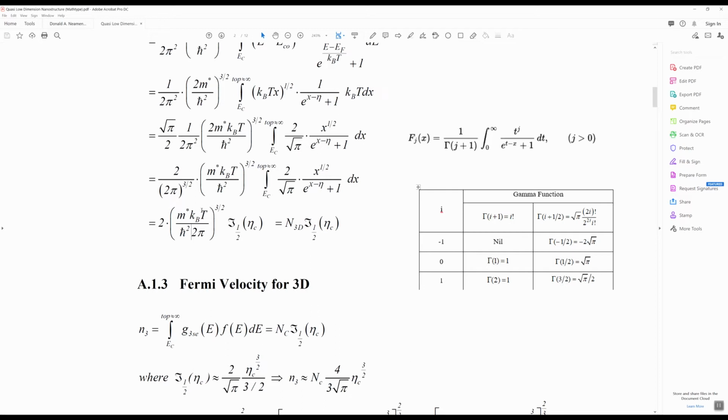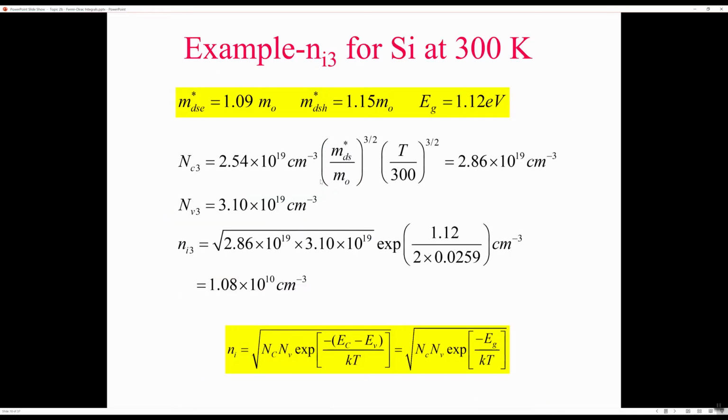So those values that you've seen here, maybe they calculated before including this m star. So they take out this m star and put it over here to A here. They also take out this temperature, because temperature is already included, and then you get this value. So these are the values 2.86 times 10 to the power 19.